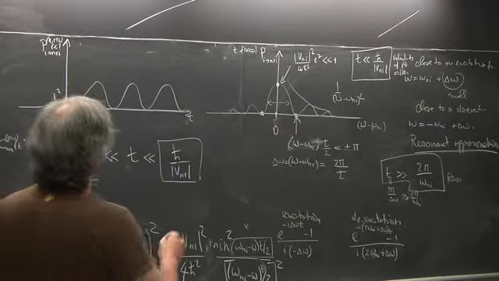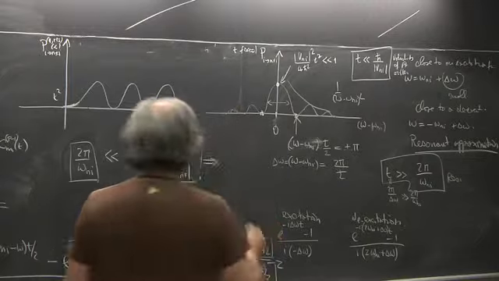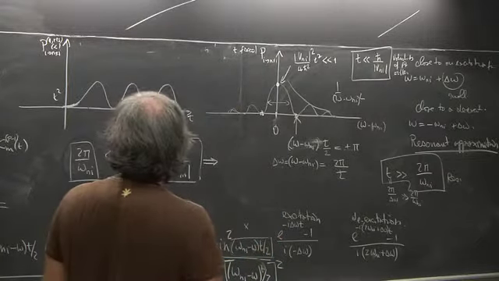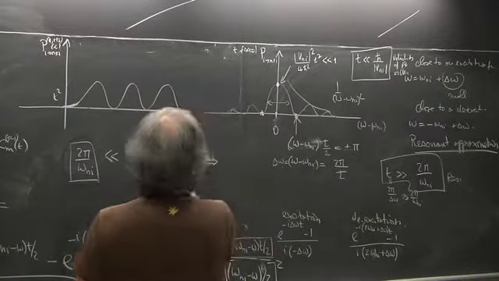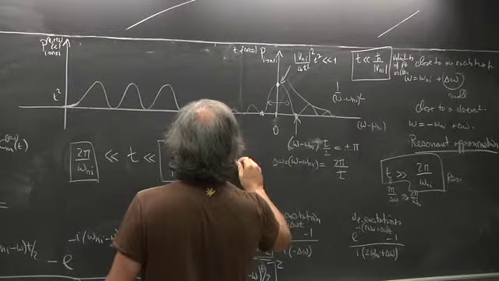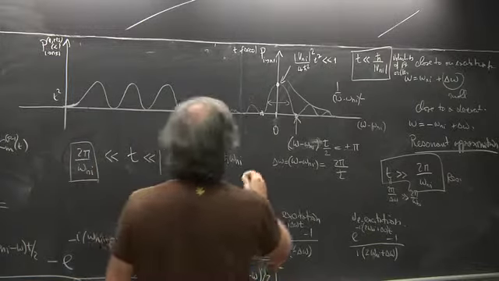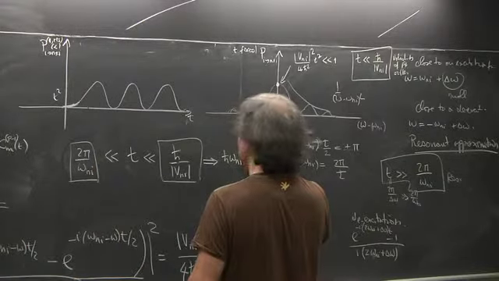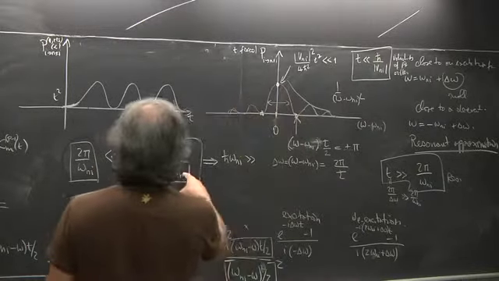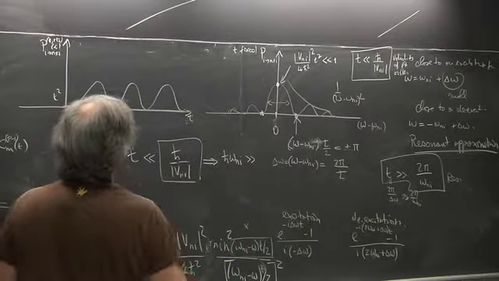Which means, very simple to establish, that h bar omega, the excitation energy, has to be much larger. I'm bringing this on this side and omega on this side.